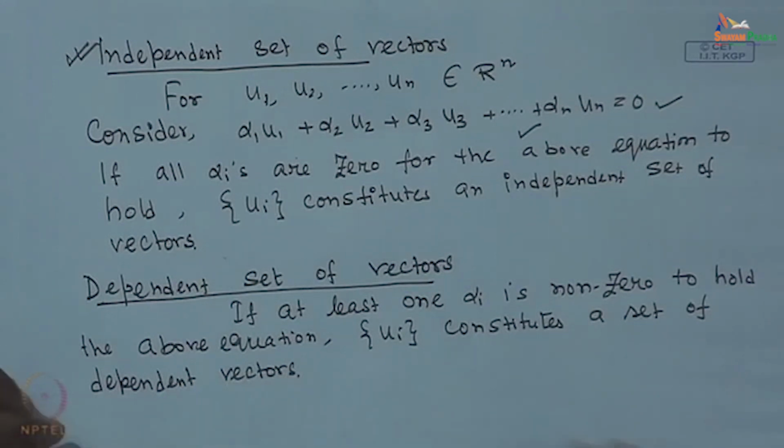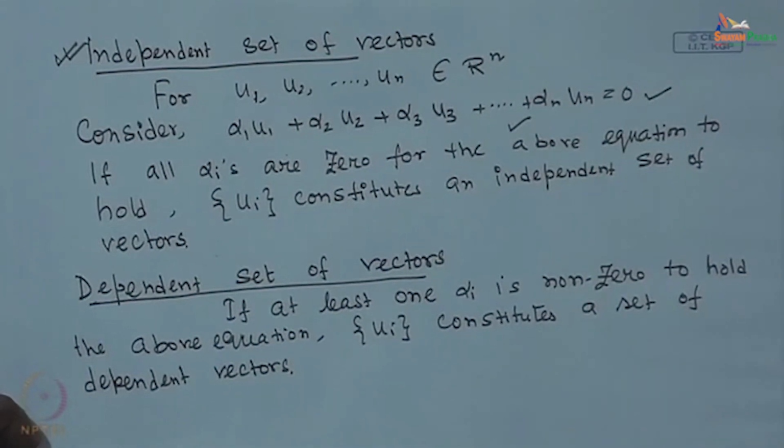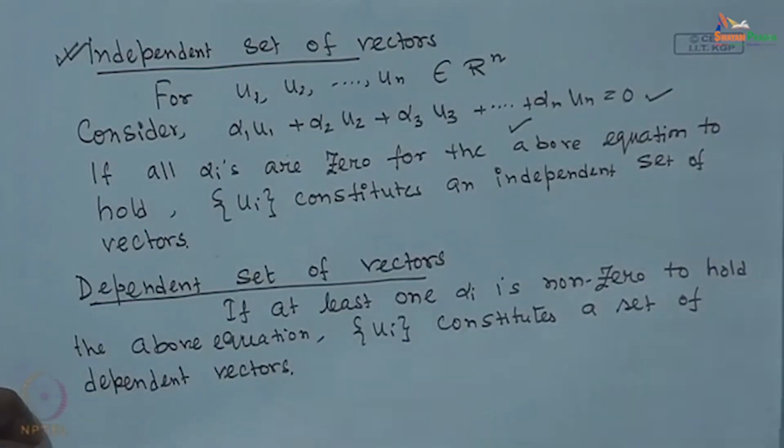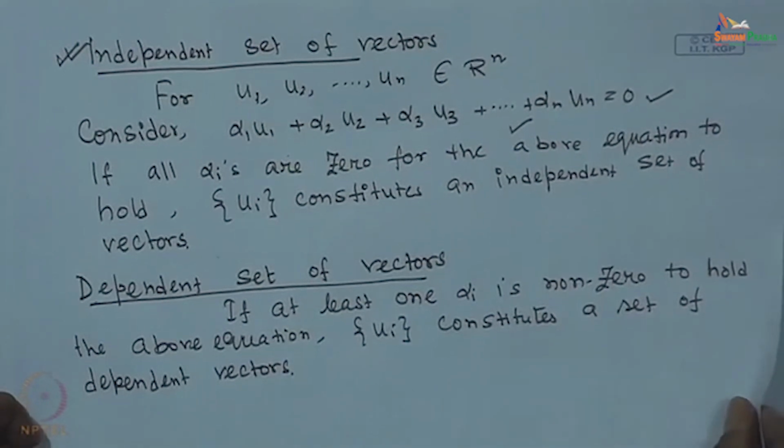So again, dependent vectors and independent vectors are related to the redundancy of the system and uniqueness of the problem.